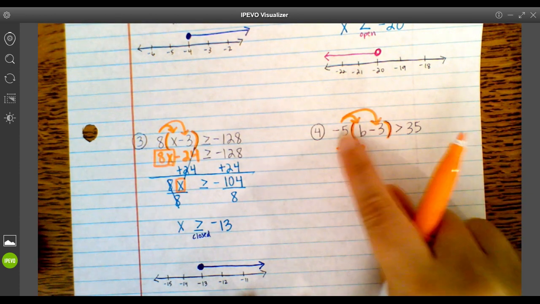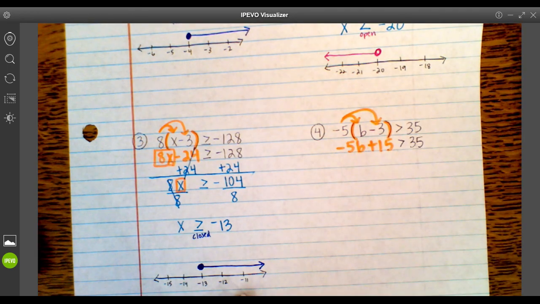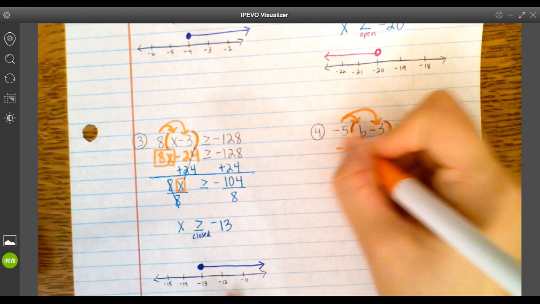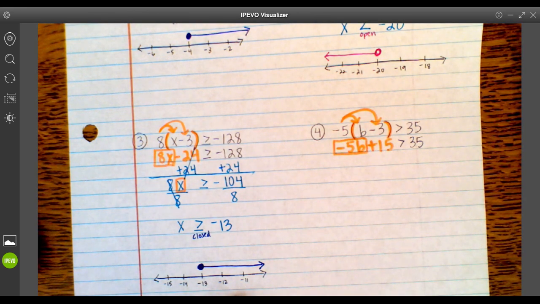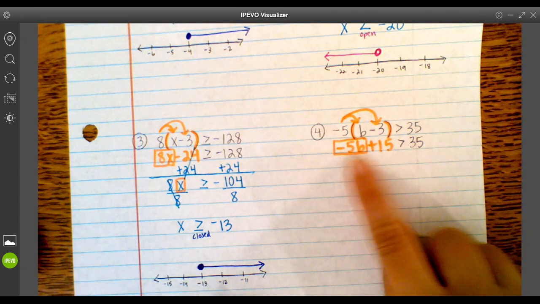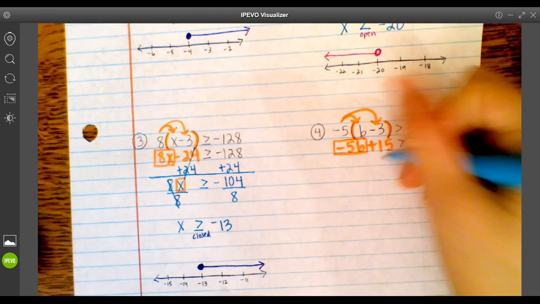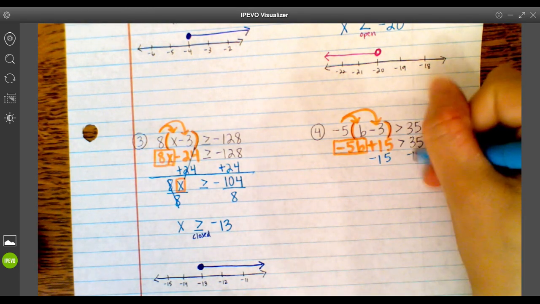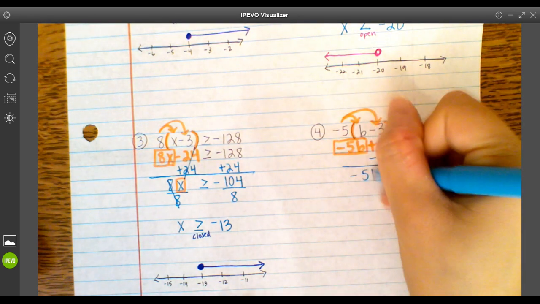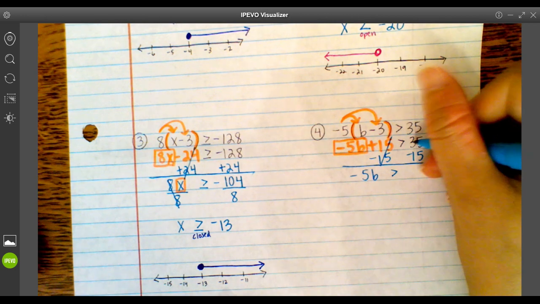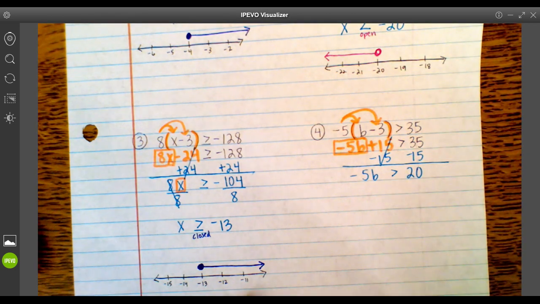And when we distribute, a negative times a negative becomes a positive. We want to get b by himself, but right now he's tagging along right beside a -5. So to undo our operations outside of b, we do not add, but we undo that by subtract. And when we do, we get -5b is strictly greater than 35 minus 15, ends up giving us 20.